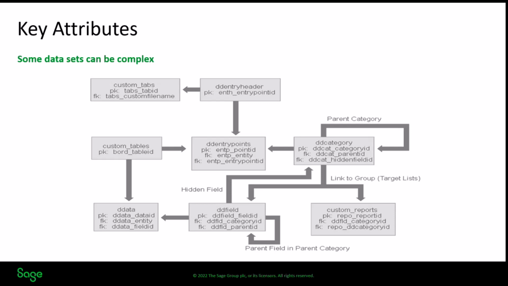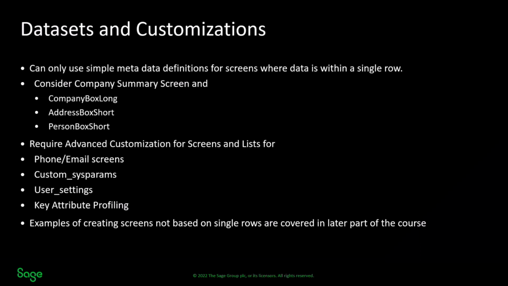If we look at the way in which data sets progress, we're going to look at the way in which we use metadata, assuming the data is returned as a result of a single row returned by a query.